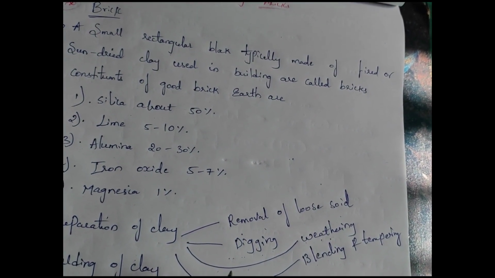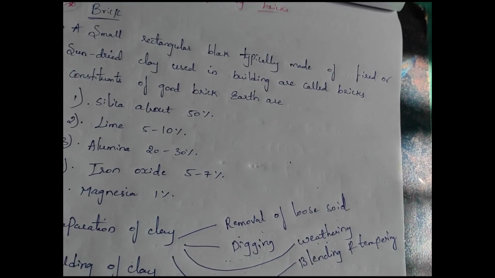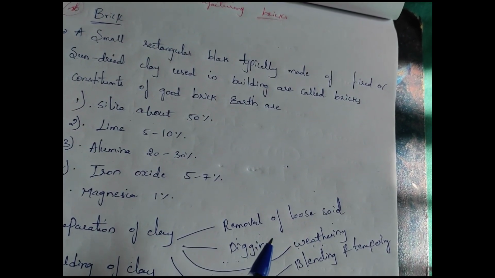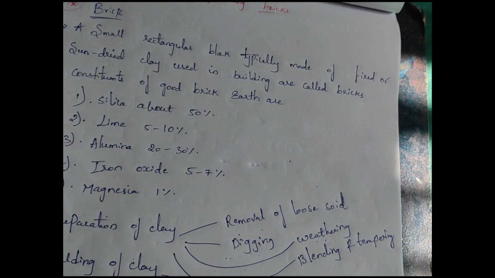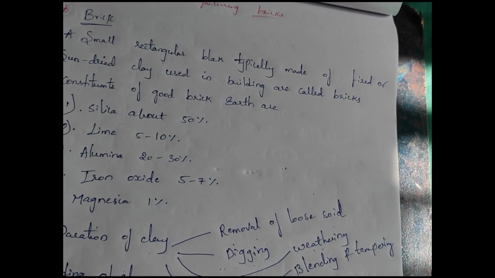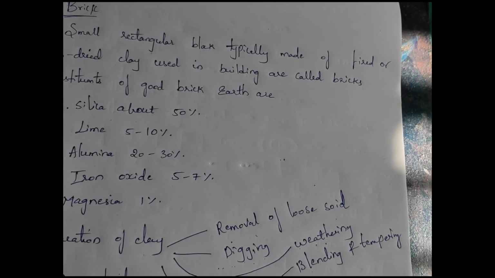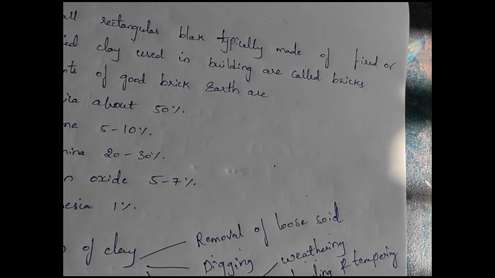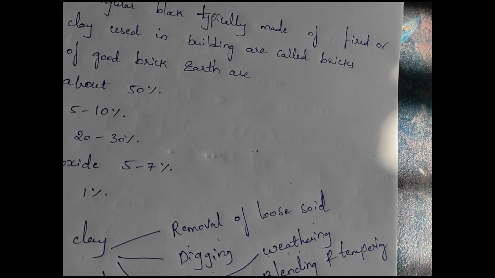In third class bricks, the water absorption is around 25% and crushing strength is around 3.5 Newton per mm square, used for temporary structures. Like this, bricks are classified on various parameters. Fourth class bricks are overburnt and of poor quality, and they are unsuitable for any construction purposes as they may have cracks, distortions and other defects.